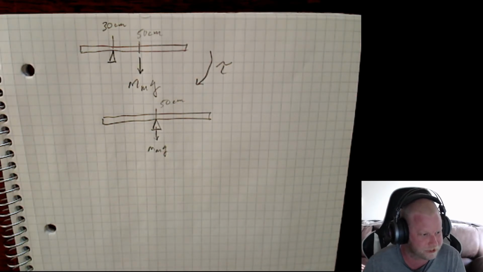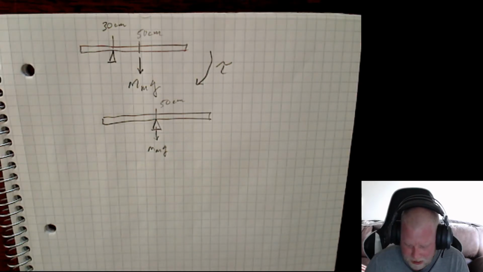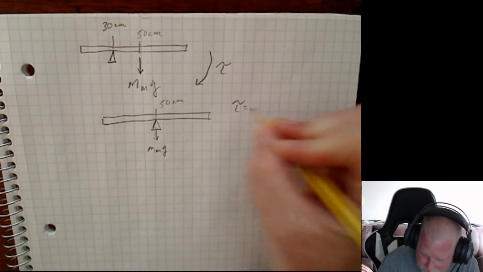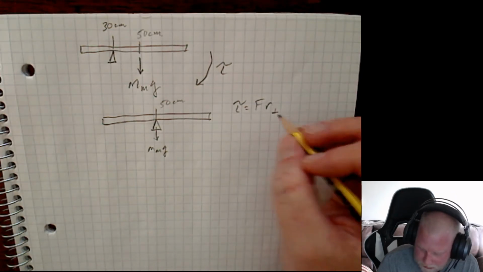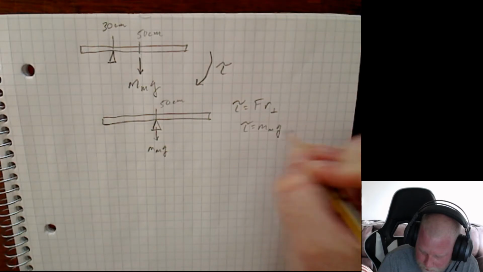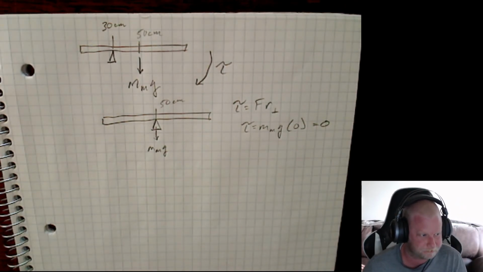That door is never going to rotate if you're directing your force parallel to the hinge itself. And so in that case, your torque, if it's equal to force times r perpendicular, well, r is 0. So no torque is generated.